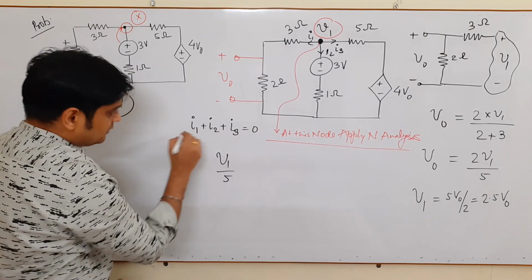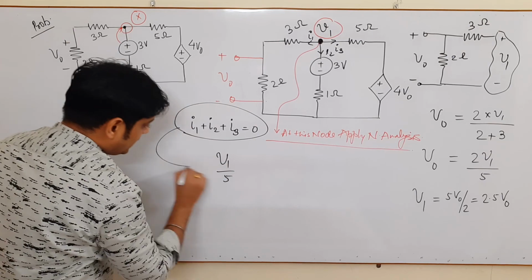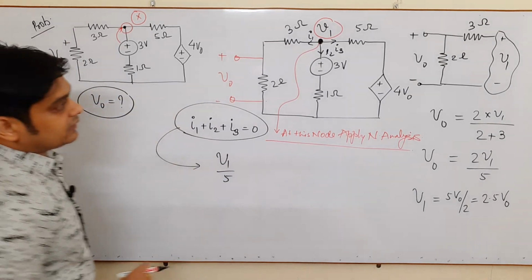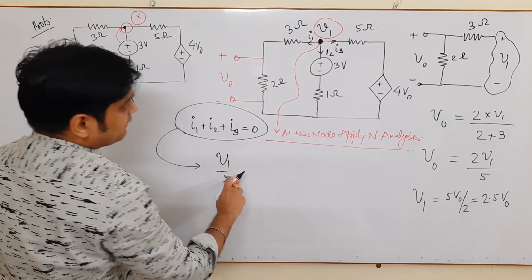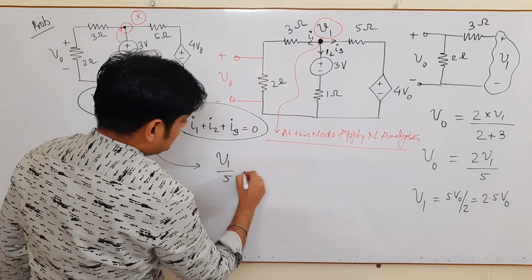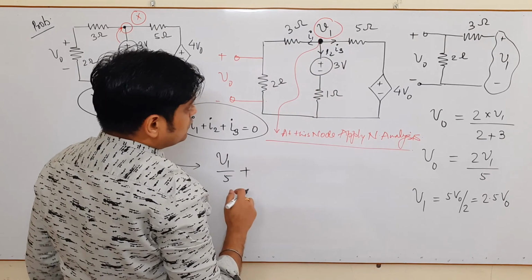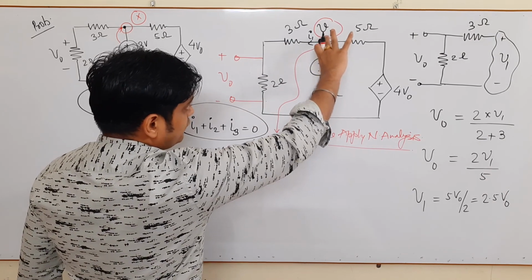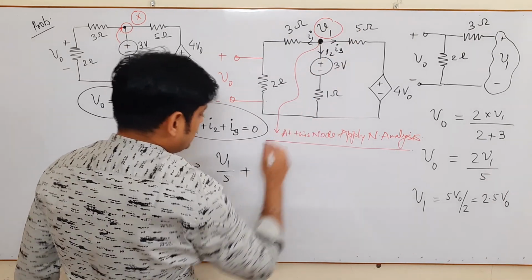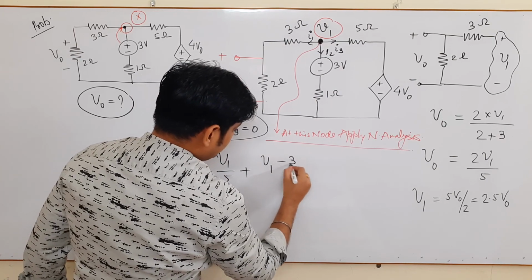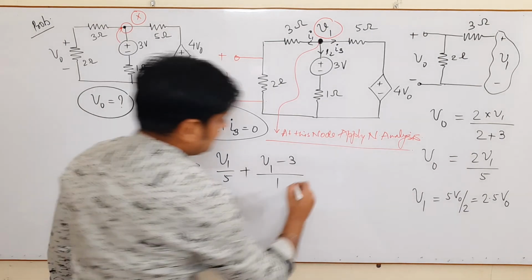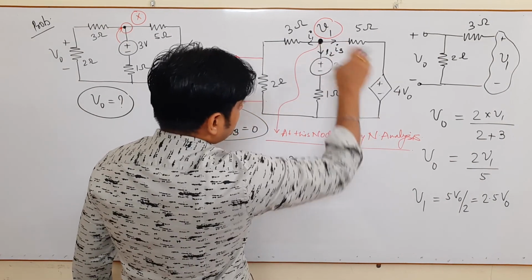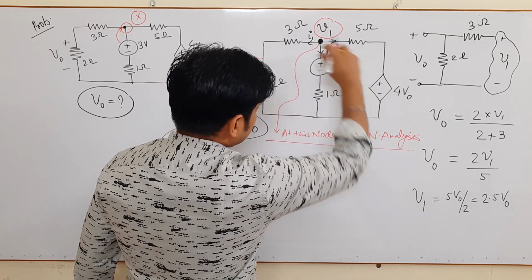What is the value of I1? I1 is V1 upon the sum of these two resistances, so it is V1 upon 5. Plus I2, which is the difference of voltage. Here it is V1, here it is 3 volt. So V1 minus 3 volt divided by the resistance, that is 1 ohm, plus if you go to this side, it is V1.